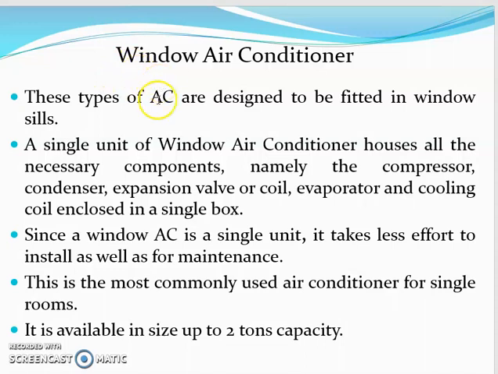The major components like compressor, condenser, expansion valve and evaporator are fitted and enclosed in a single unit, and that is why its installation and maintenance is very easy compared to other kinds of air conditioners. These ACs are well suited for cooling a single room, and are available in sizes up to 2 tons capacity.